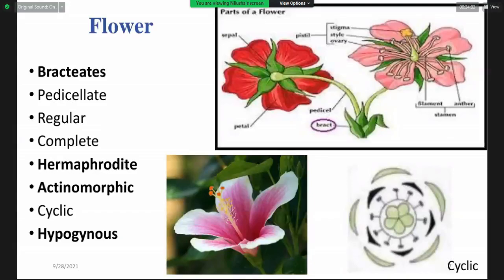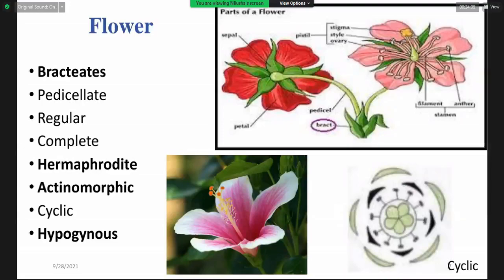Next one is the flower. In the Malvaceae family, the flower has one character called bractate flower. Bractate means the flower has bracts. Bract means the presence of a reduced leaf-like structure at the base of the pedicel.